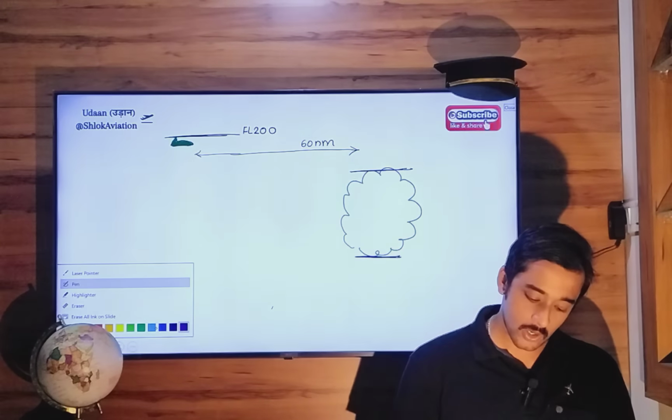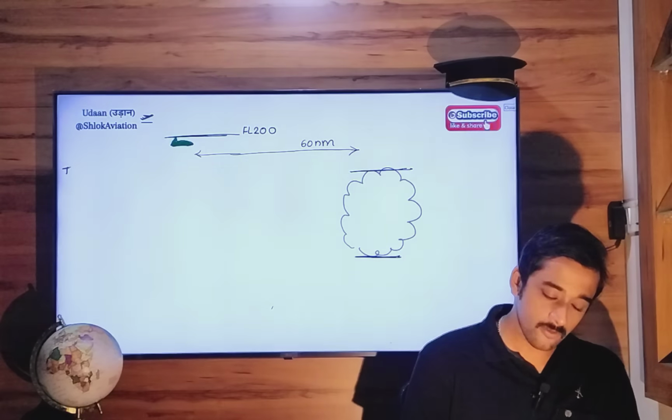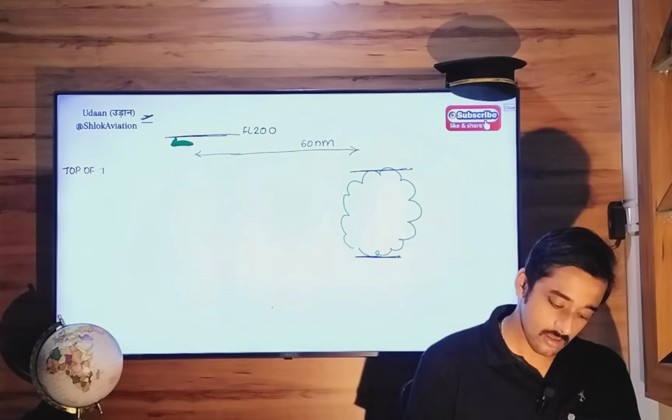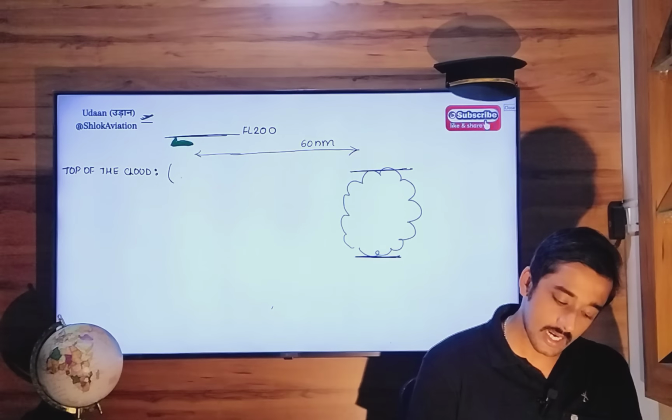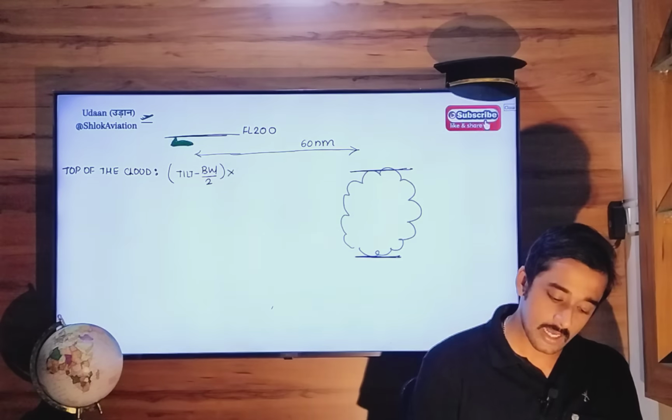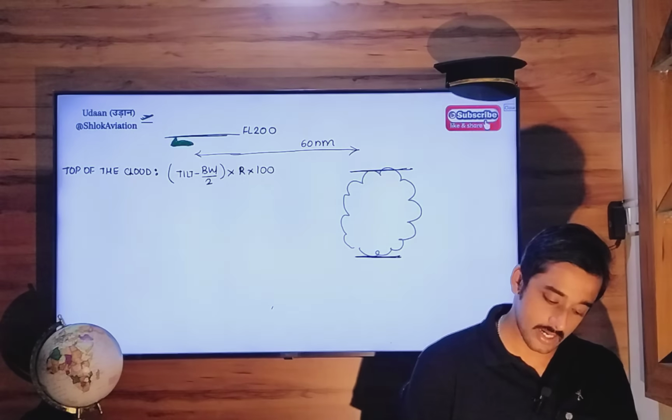Now the formula that you are going to use is: top of the cloud is equal to tilt minus beam width divided by 2, multiplied by range, multiplied by 100.